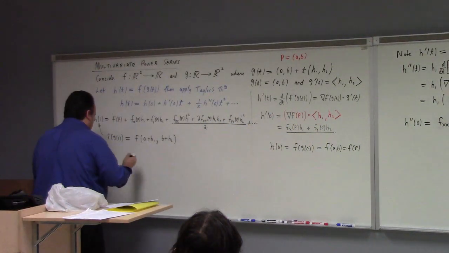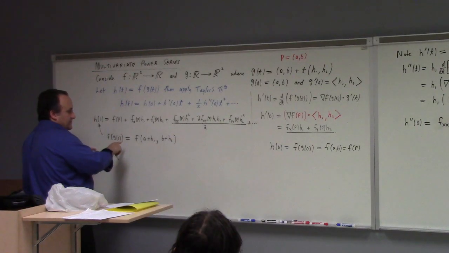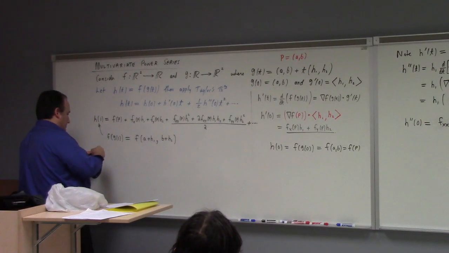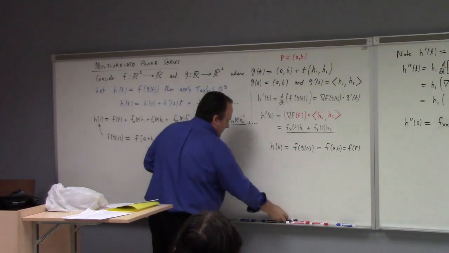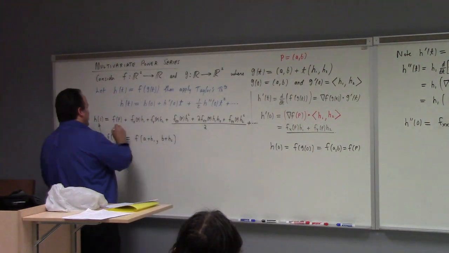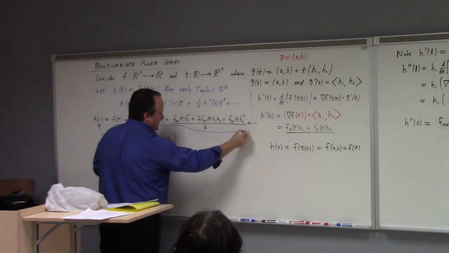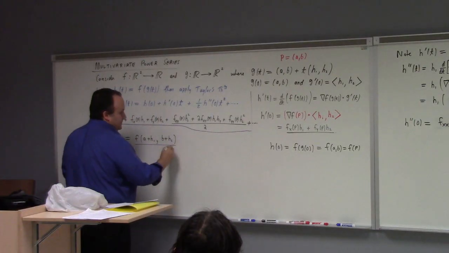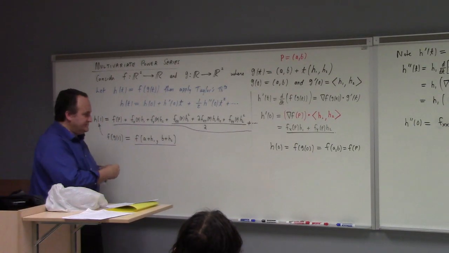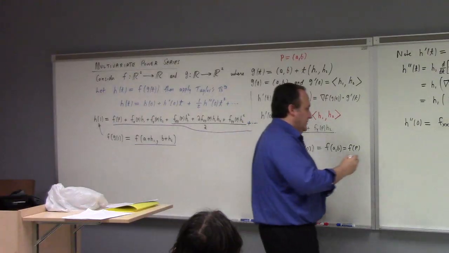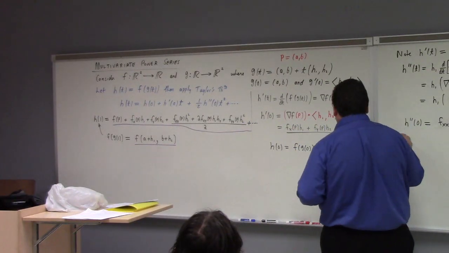So if I swap out, I mean, this is fine. Nothing wrong here. This is equal to that, all right? But maybe it's a little bit prettier if I rewrite it in terms of x and y.